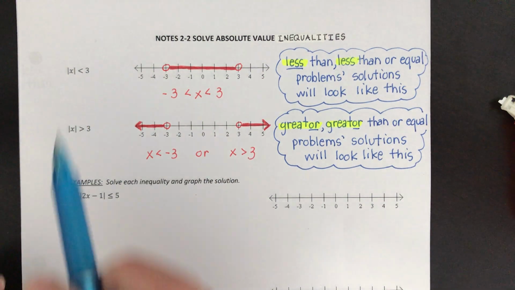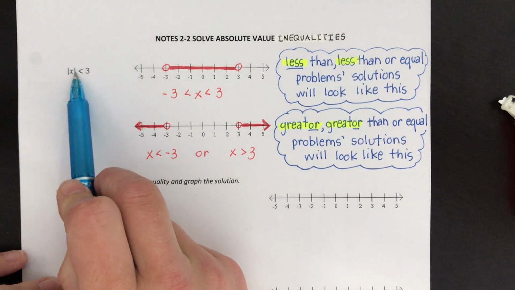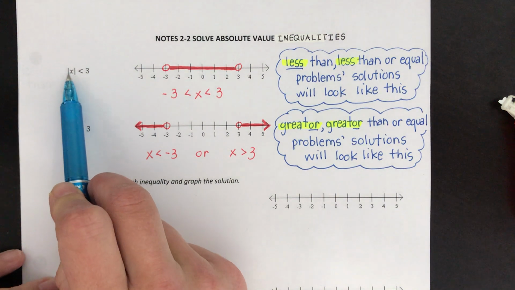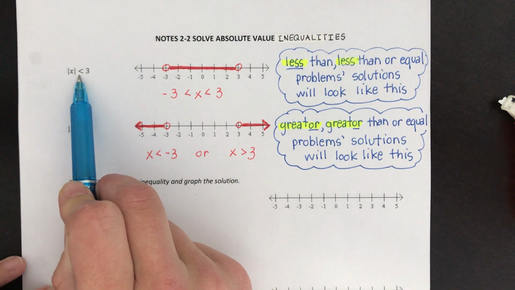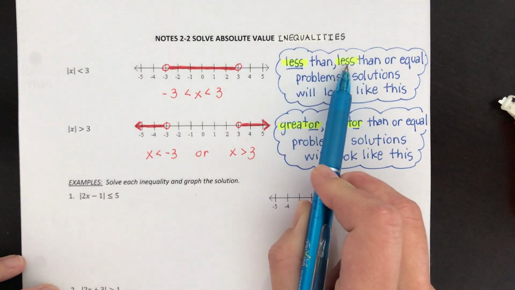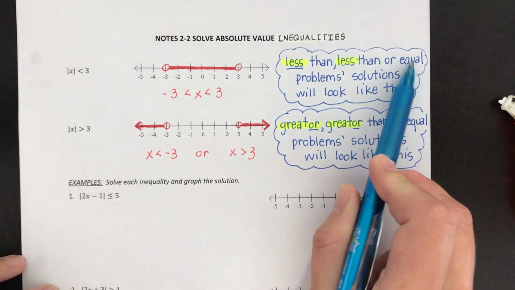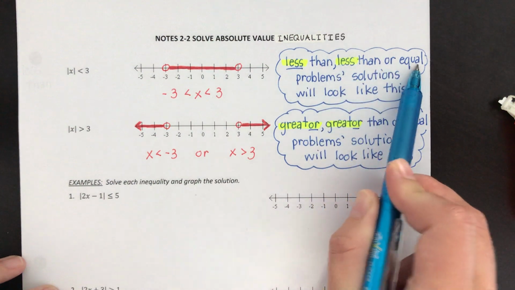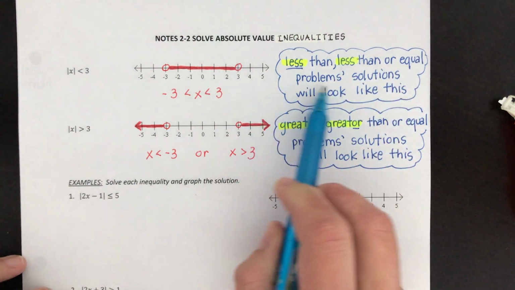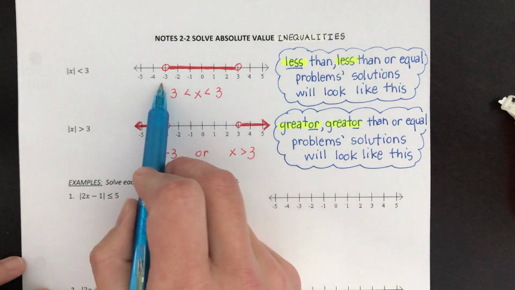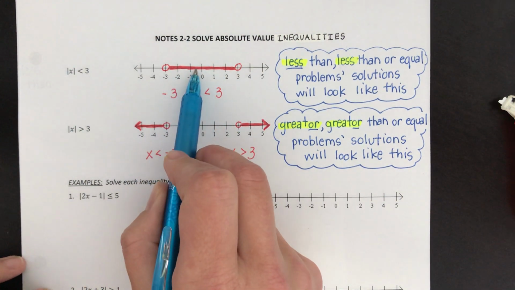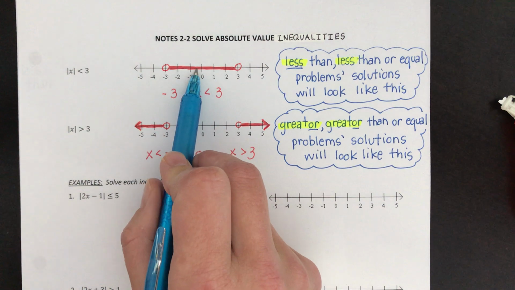So let's get started. If you have an absolute value of something, in this case the absolute value of x is less than 3. Anytime you're working with less than, or less than or equal to, your solutions will look like this, where this is truly the solution and this is the shading for that solution.